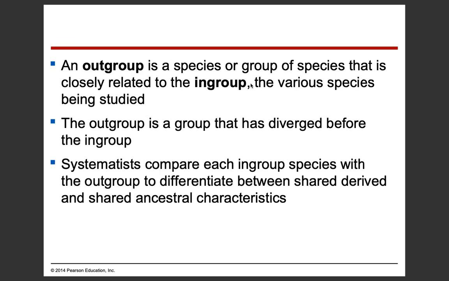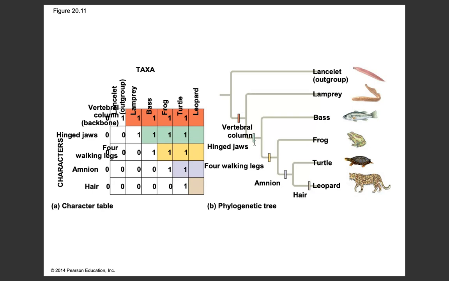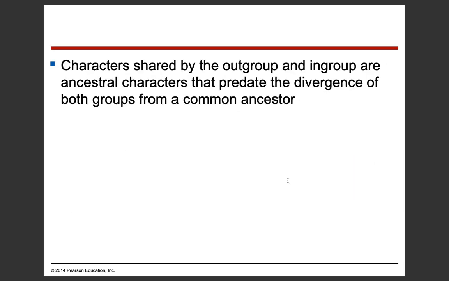Systematicists compare each in-group species with the outgroup to differentiate between the shared derived and shared ancestral characteristics. So it's how we're able to choose where to put all of these characteristics that have developed over time. Characters shared by the outgroup and in-group are ancestral characters that predate the divergence of both groups from a common ancestor.